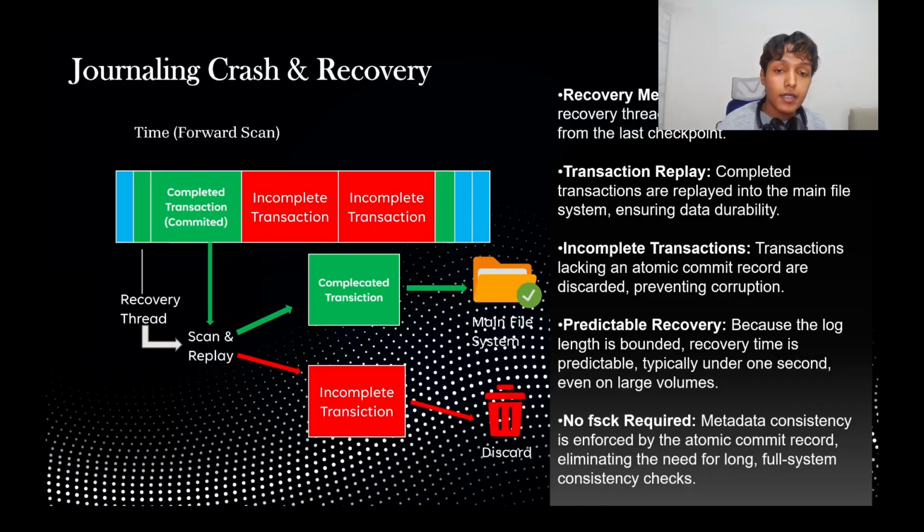And if a transaction is incomplete, it gets discarded. So journaling gives us predictable recovery time, usually under 1 second, because the journal size is small and bounded. This is why journaling file systems avoid long fsck.